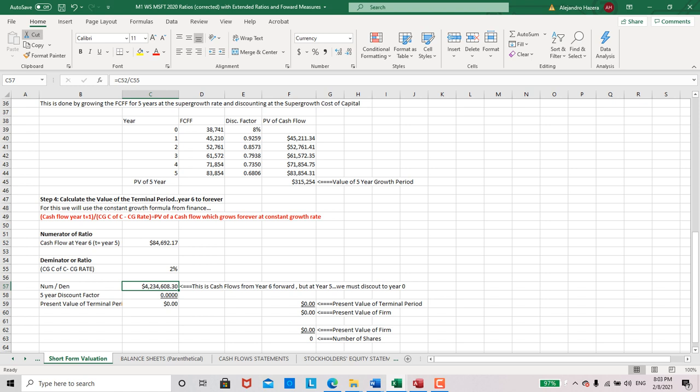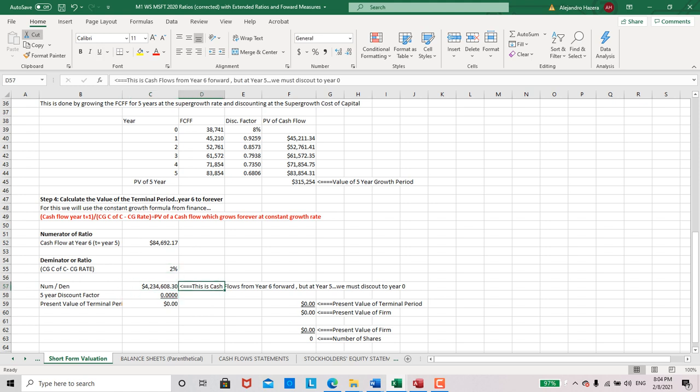This all depends on how many zeros you put on there. It looks like that. Okay, and then here's the problem. This is going to give us, because we took the fifth year cash flow and then put it into the 6th year.